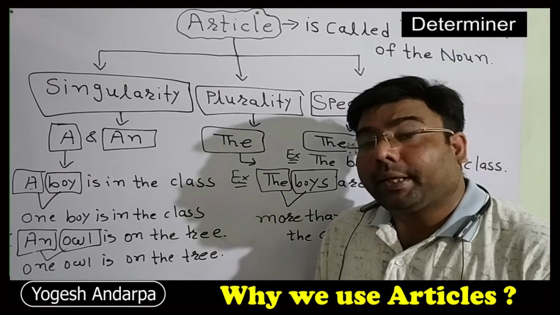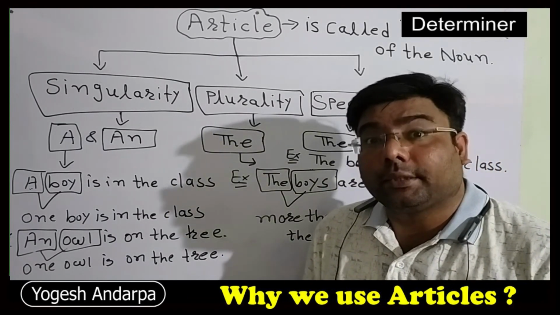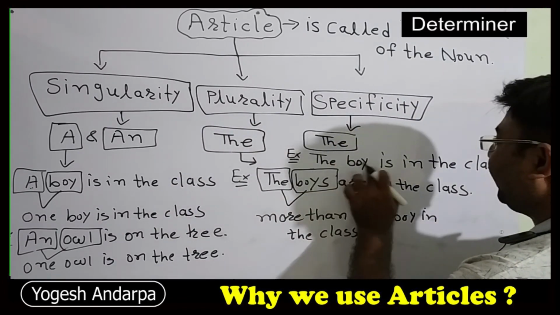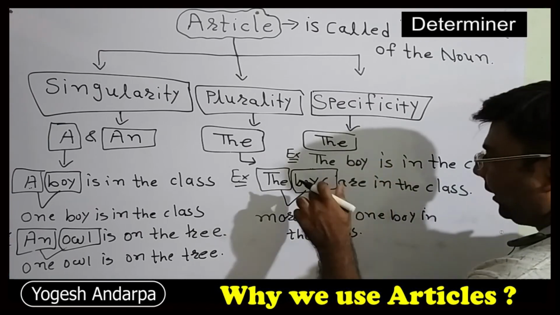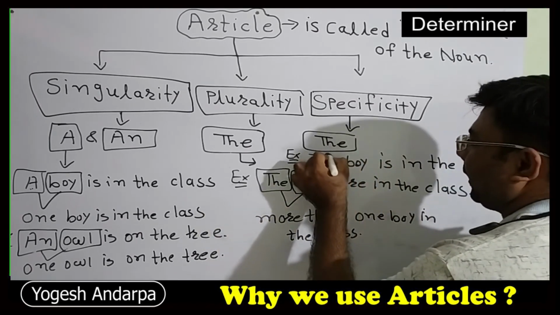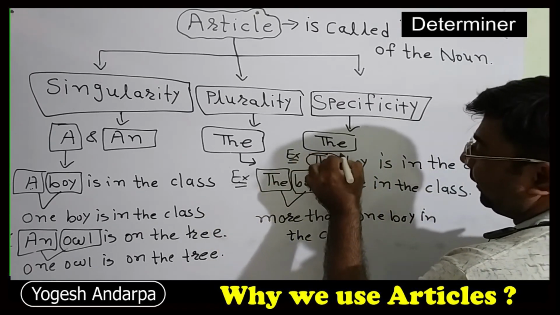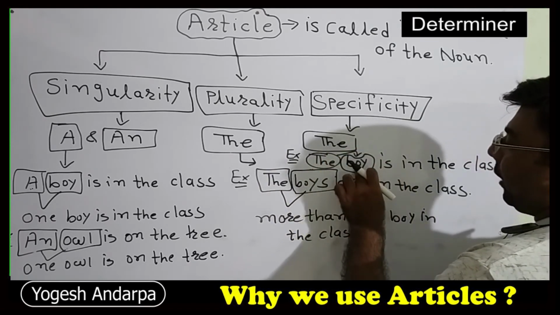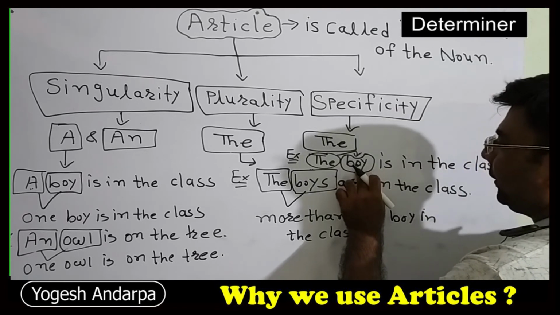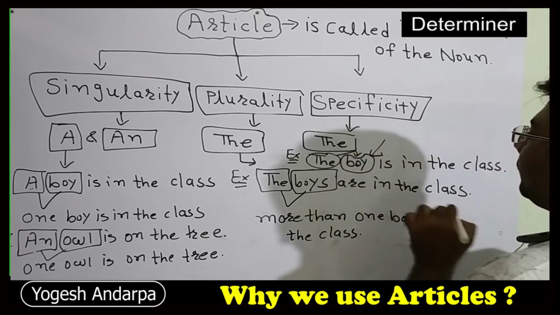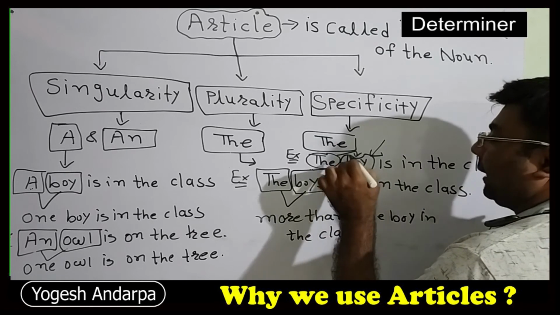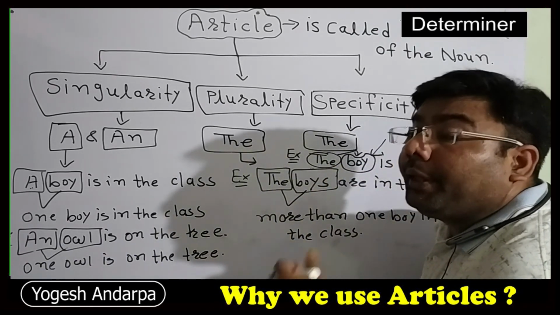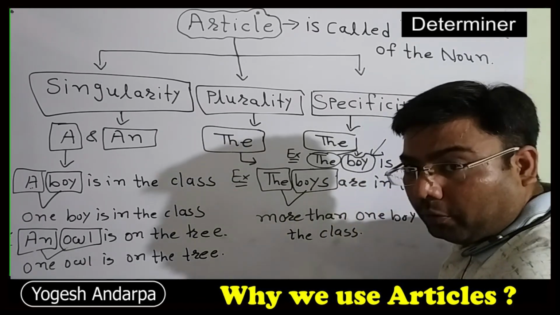So we have an example of the article the which is used for specificity. The boy is in the class. Here in this sentence, article the is used to indicate the noun boy, which means we are talking about the boy whom we already know.